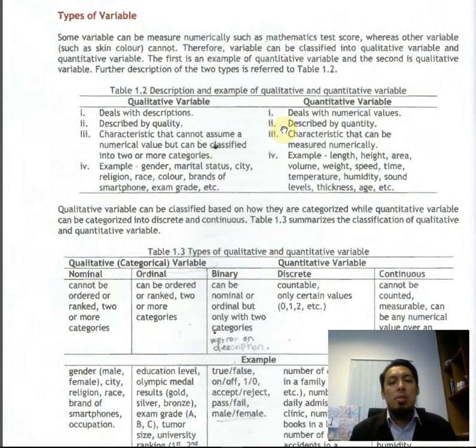Because sometimes there is a qualitative variable in the form of numbers. For example, your metric numbers or your identity card numbers. Just imagine, let's talk again about the mathematics test score. If I were to calculate the average of that score, will it be useful to me? Yes, because I should be able to come out with information about the performance of mathematics in that class.